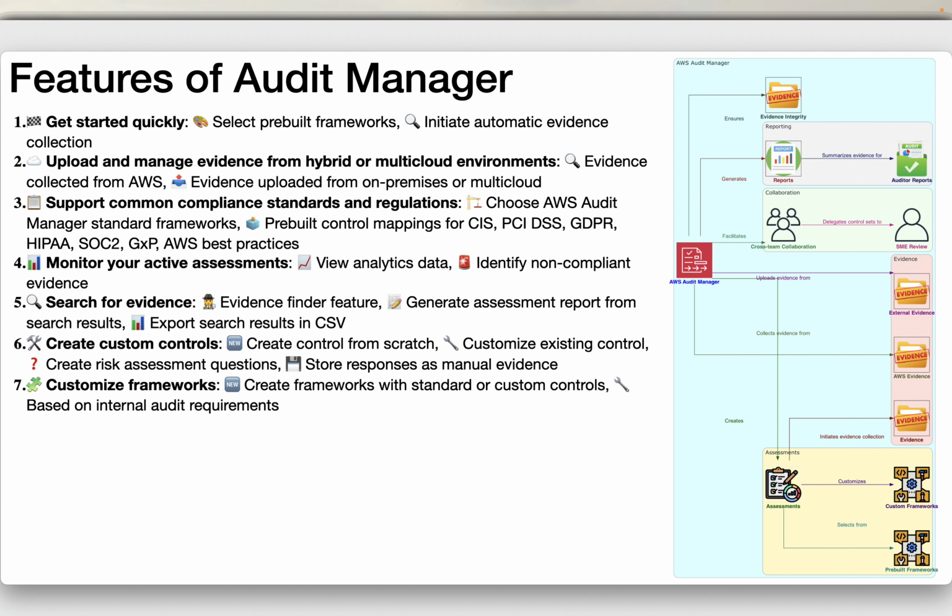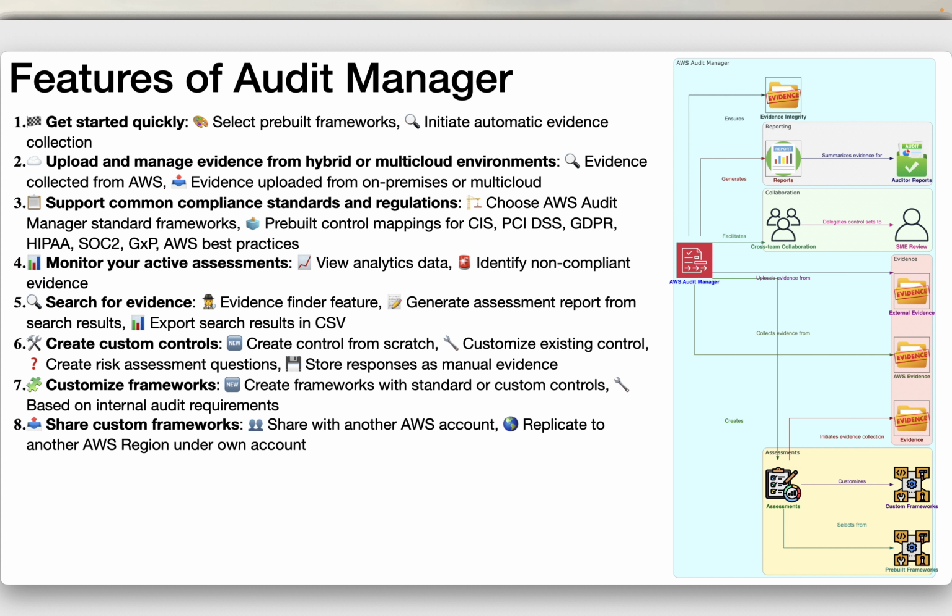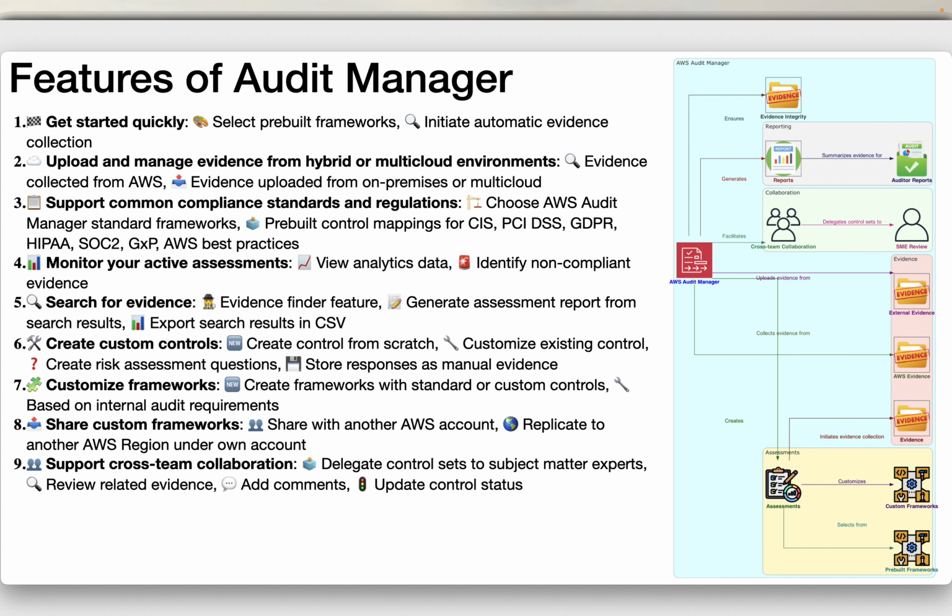You can create your own frameworks with standard or custom controls based on your specific requirements for internal audits. You can share your custom Audit Manager frameworks with another AWS account or replicate them into another AWS region under your own AWS account. You can delegate control sets to subject matter experts who can review the related evidence and add comments and update the status of each control.